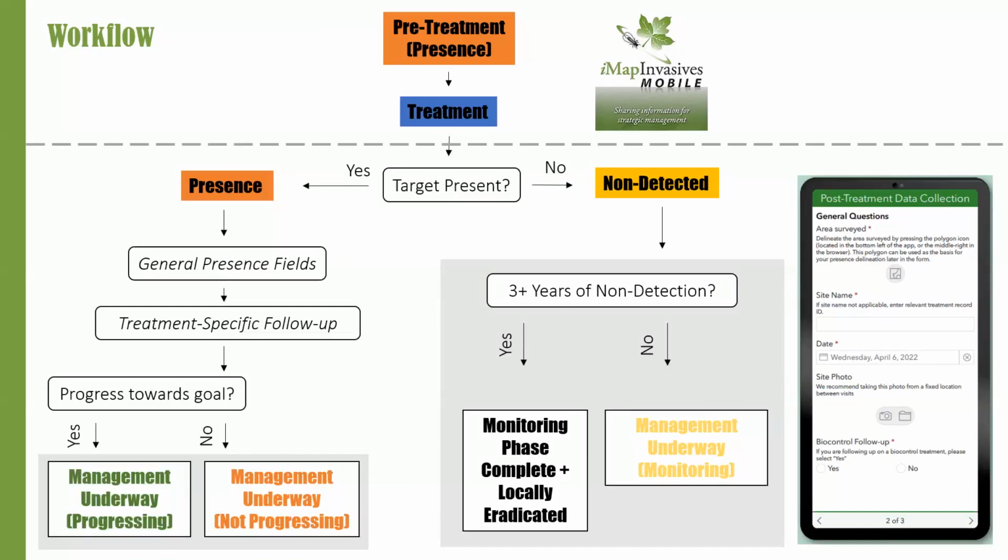Is the invasive you're treating present? Yes or no? If no, you go to non-detected. If yes, it's a presence, and then you just fill out the form. The stuff in these gray boxes is stuff that ideally are outcomes of treatment or active statuses that you wouldn't collect using the app. It would just come about naturally as a result of you collecting the data.